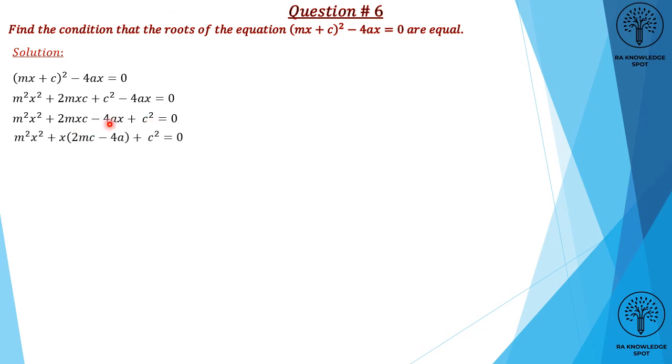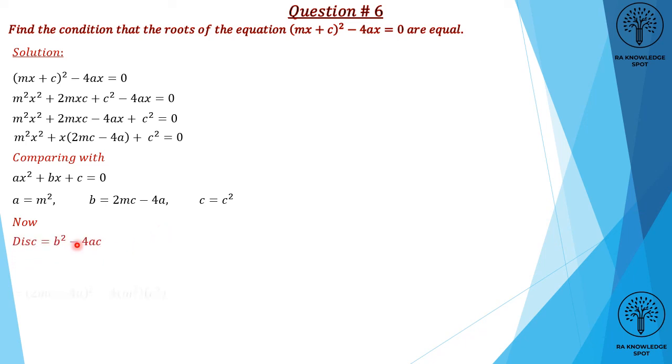Now taking x common, this is your A, this is your B, and this is your C. Now comparing with the quadratic equation, you just have to write A, B, C. Now putting them where? In the discriminant. Now this is your discriminant: B square minus 4AC.